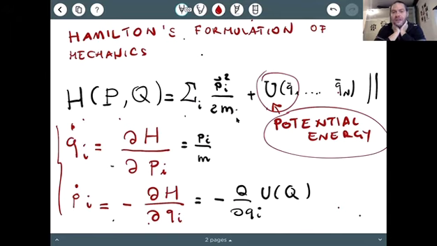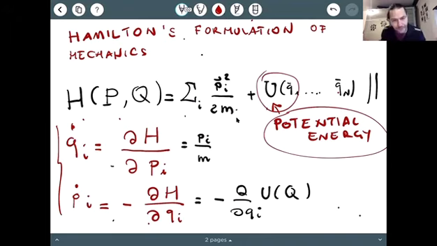So say I want a physical theory for nuclear force in classical mechanics, which ultimately is bound to collapse because nuclear force is subject to quantum mechanics. But suppose we don't know that. Well, you need to write down the kinetic energy of all the nuclei, protons and neutrons, and a function U, which represents the potential energy.